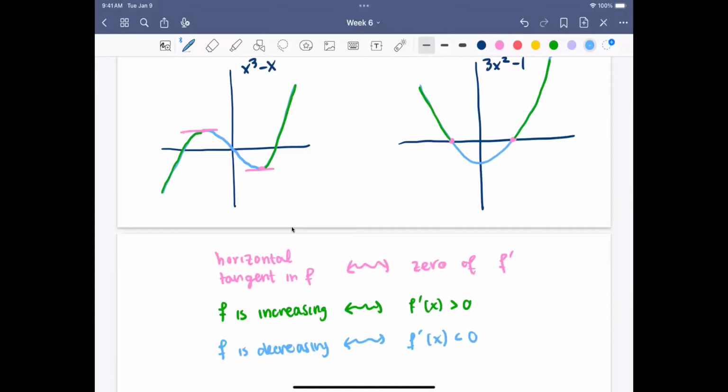If I just give you x cubed minus x and ask you to figure out where the horizontal tangents are, it's not clear at first how to do that, but you can just take the derivative and solve for the zeros of this polynomial, and that will tell you where those horizontal tangents are.